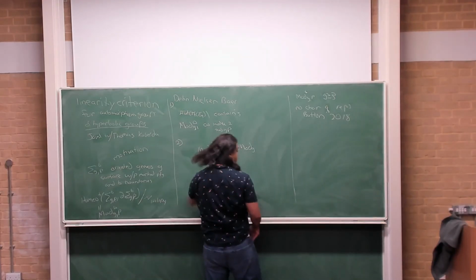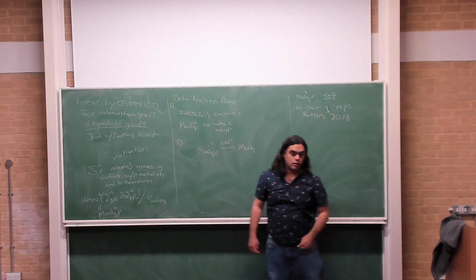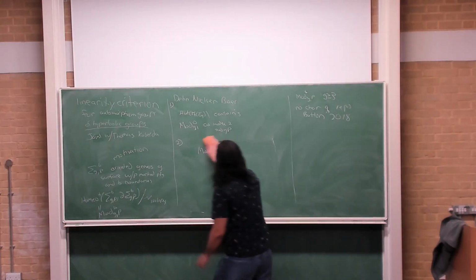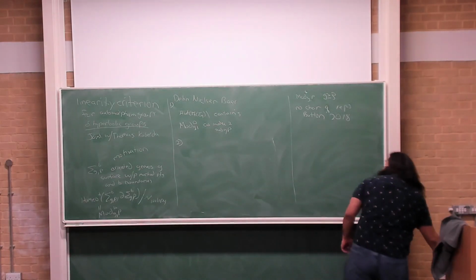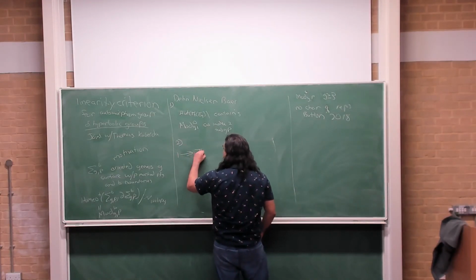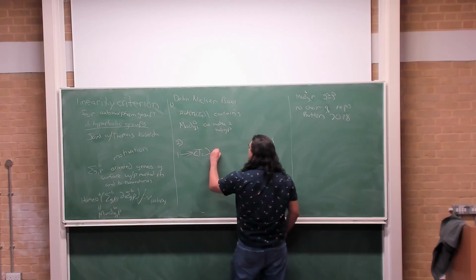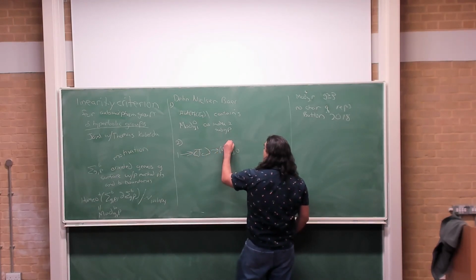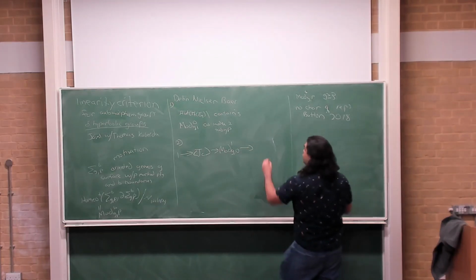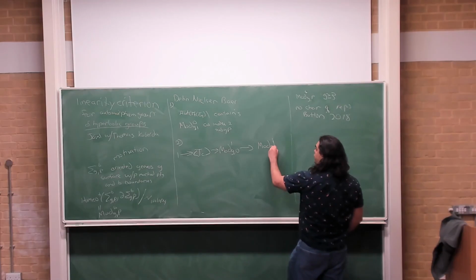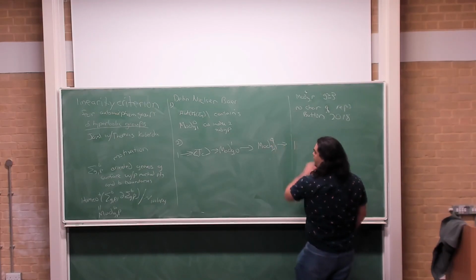Oops, sorry. Oh, found the eraser. Okay. So we have the following short exact sequence. This goes to the mapping class group of the genus G surface, no punctures, to the mapping class group of the genus G surface with one mark point and 0 boundaries, and this goes to the identity.